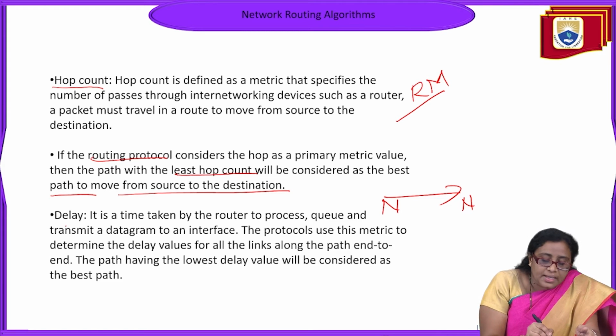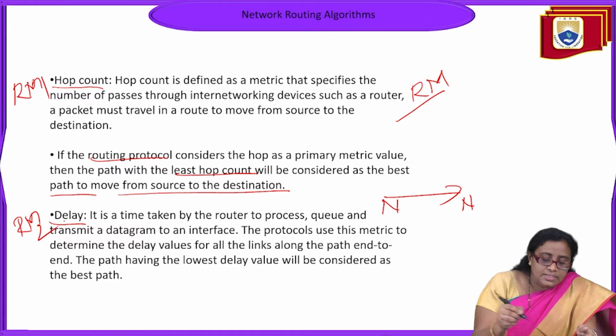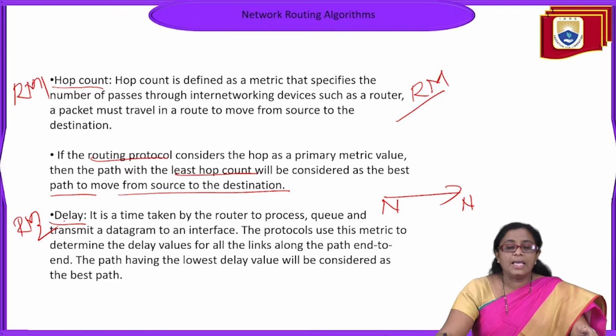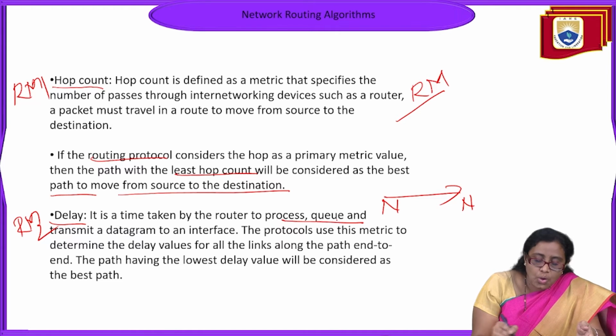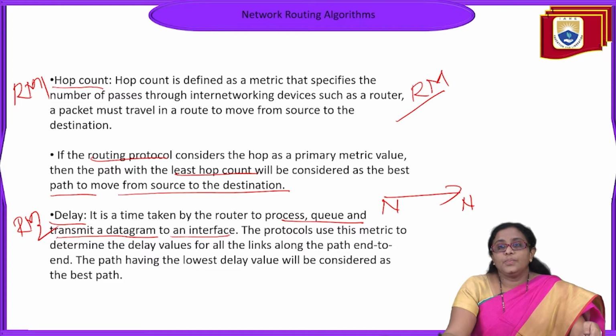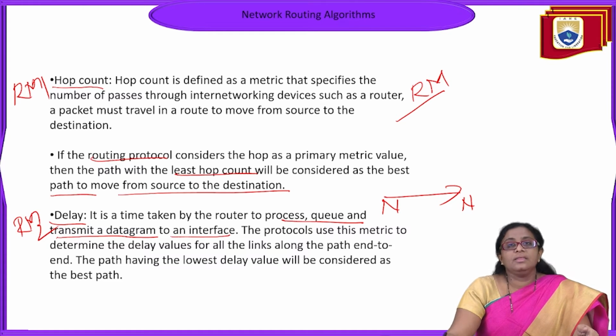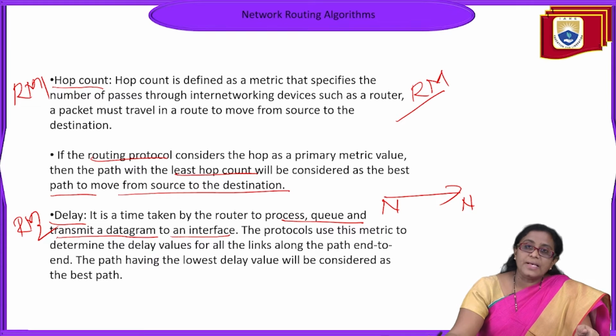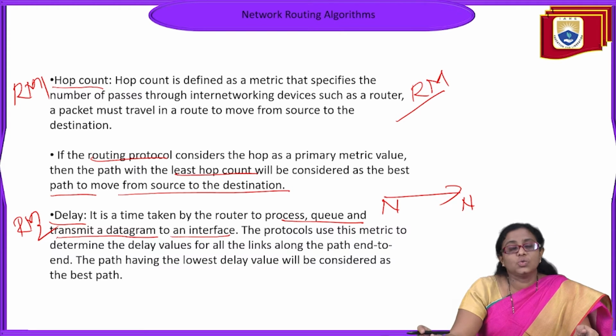And the second metric, this is routing metric 2, is the time taken by the router to process, queue and transmit a datagram to an interface. The protocols use this metric to determine the delay values for all the links along the path end-to-end. The path having the lowest delay will be considered the best path to reach the packet from one source to another destination.